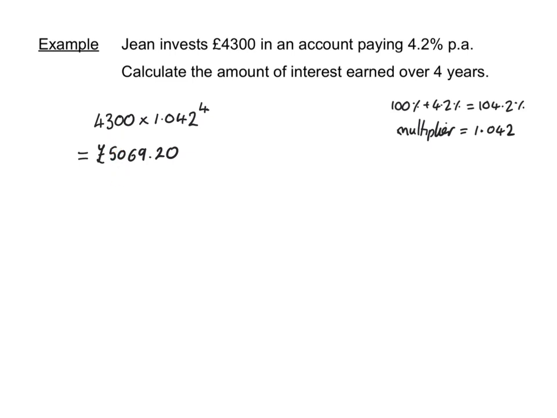So the interest earned is equal to £5,069.20, take away 4,300, which comes to £769.20.